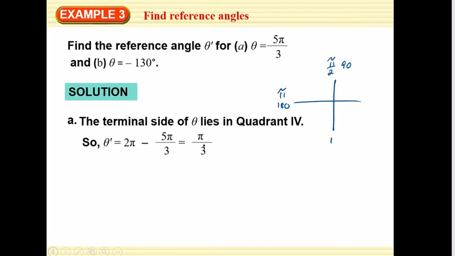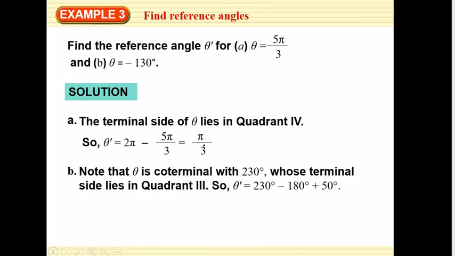And I know that this is 3 pi over 2, or 270 degrees. And I've got 0 and 2 pi, or 360 degrees. So I just figure out which values it falls between. So it is in the 4th quadrant. So I take it away from 2 pi, and my reference angle here is going to be pi over 3.